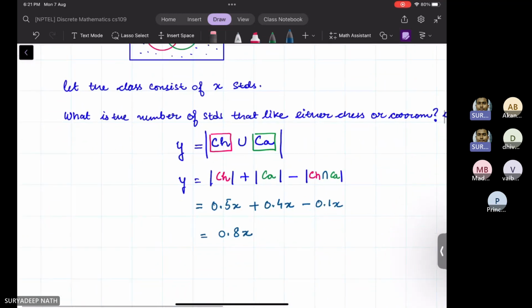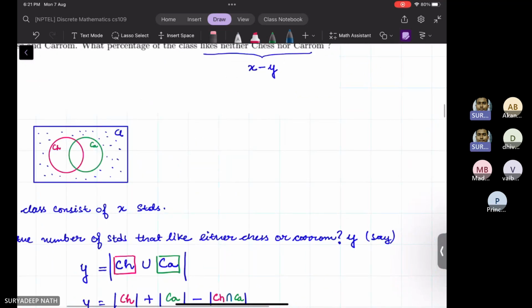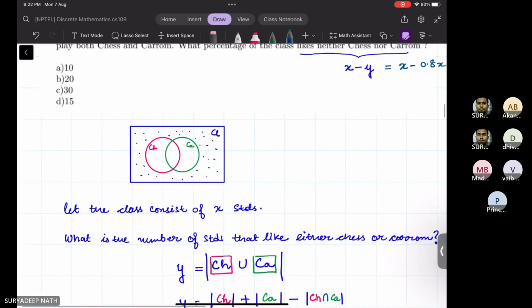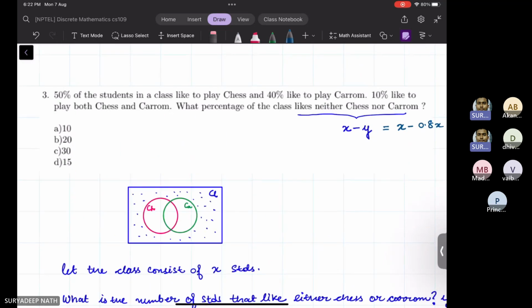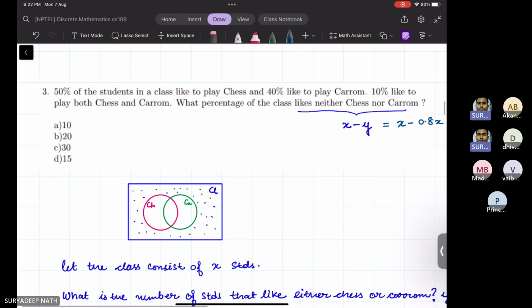So now x minus y is basically x minus 0.8x, that is 0.2x, which is 20%. So the answer to this question, what percentage of the class likes neither chess nor carom, is 20%. So 20% of the class is denoted by this dotted region.